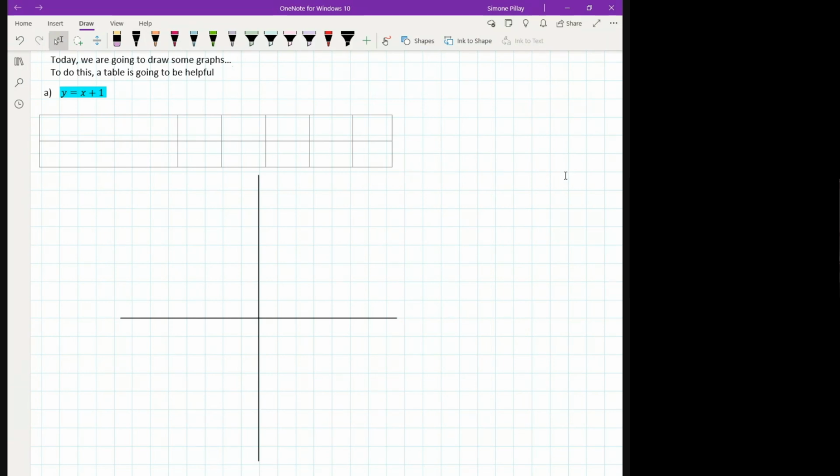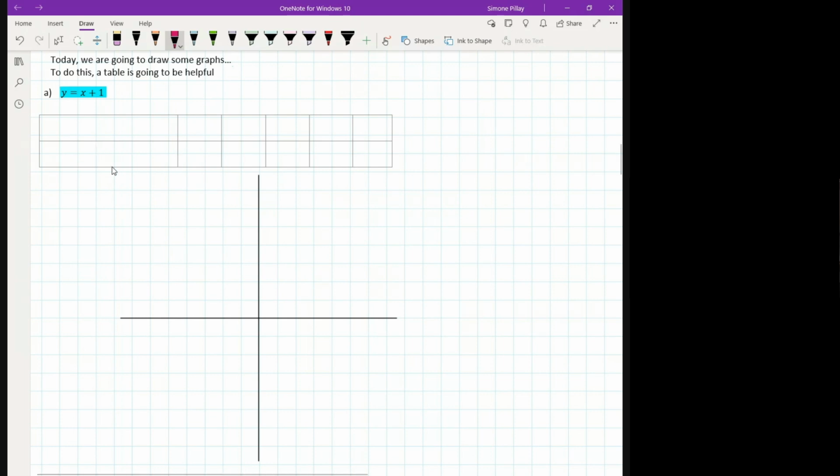So now we're looking at how we represent these relationships using a graph. But firstly, we'll normally be given an equation first. And it's really difficult to draw a graph straight from an equation. So what we usually do is represent this relationship using a table first, and then we put it into a graph. So I'm going to show you how we do this.